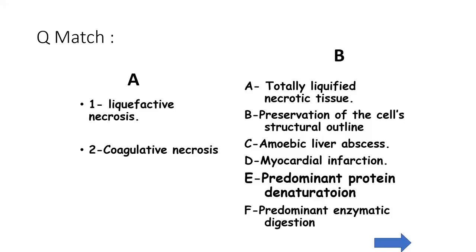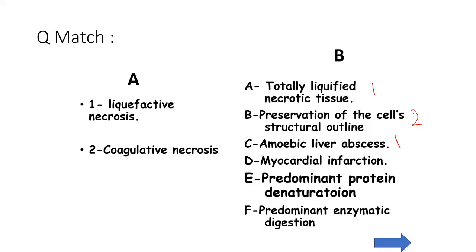Let's solve this match question. You have liquefactive necrosis and coagulative necrosis. Choose from B what suits A. Liquefactive necrosis, we have what? Totally liquefied necrotic tissue. Of course, liquefactive necrosis. Preservation of the cell structure outlines is present in which?